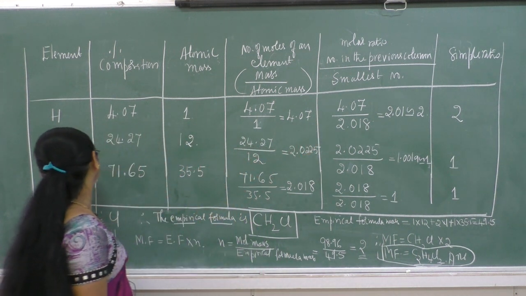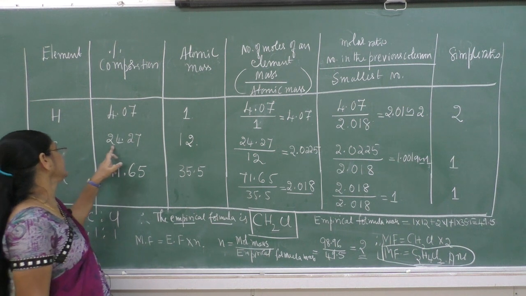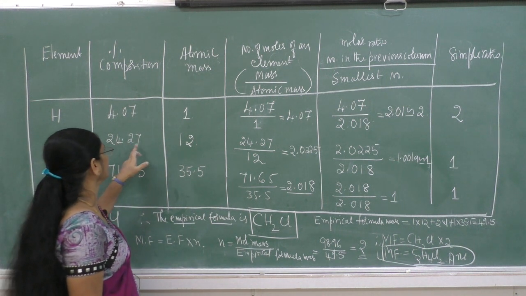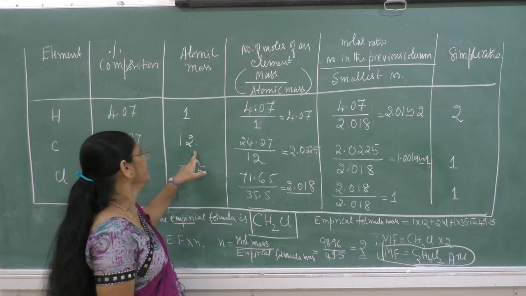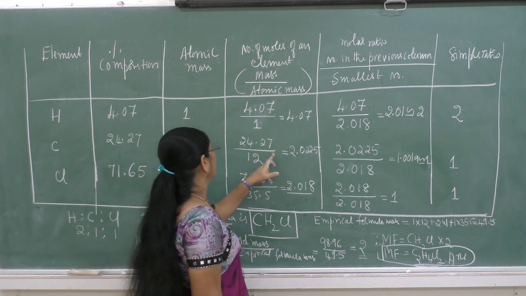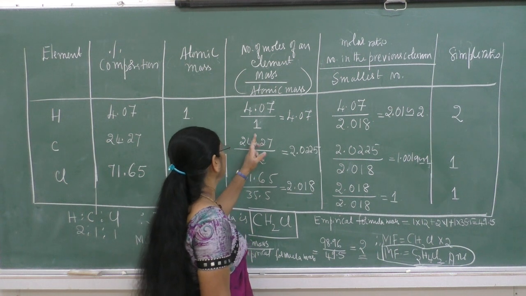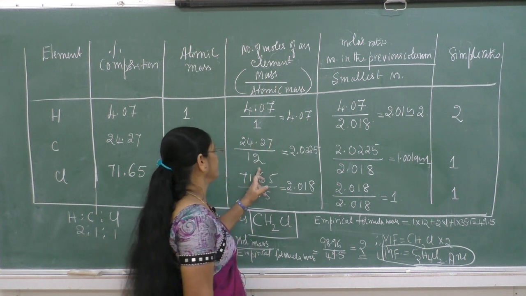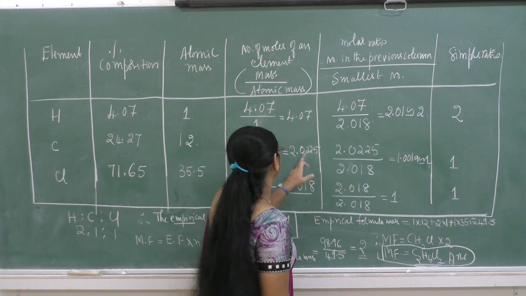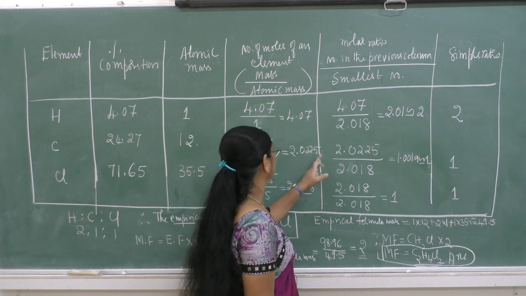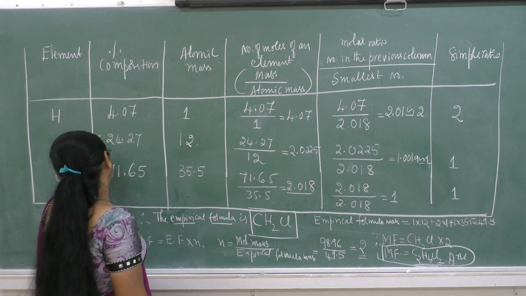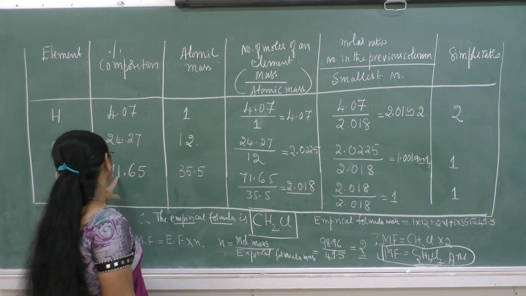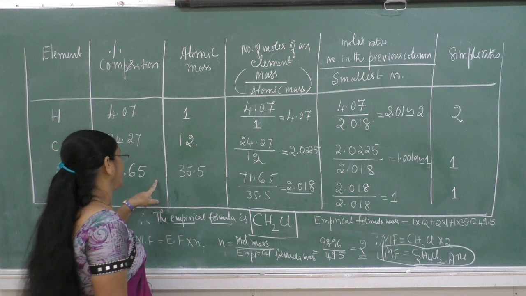4.07. Then carbon, whose percentage mass is 24.27. Then its atomic mass is 12. Then the number of moles of carbon is equal to 24.27 divided by 12. This is equal to 2.0225. Then the third element is chlorine. Percentage composition is 71.65.